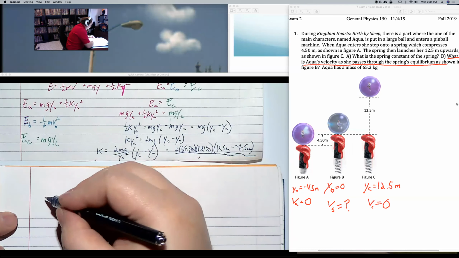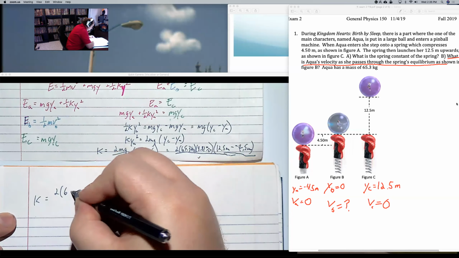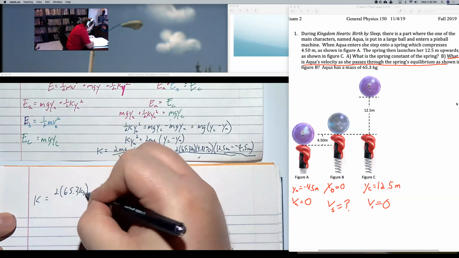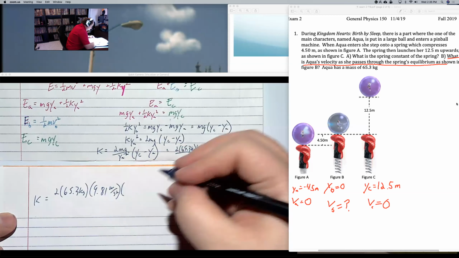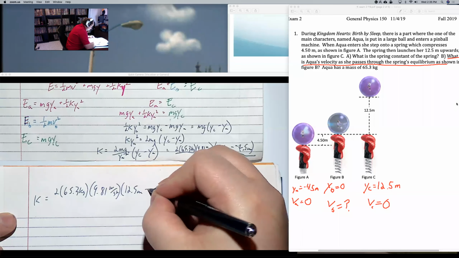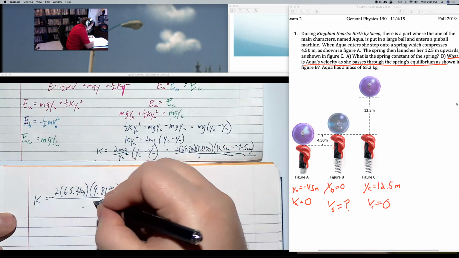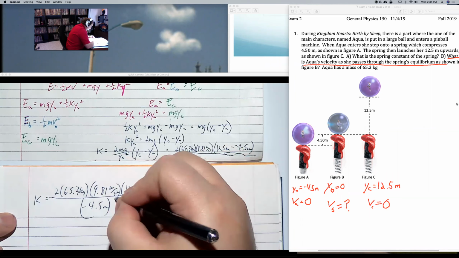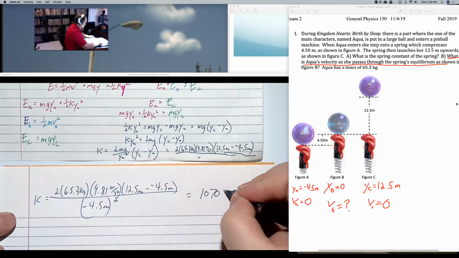I'm just going to plug in those numbers again. 2 times 65.3 kilograms times 9.81 meters per second squared times 12.5 meters minus a negative 4.5 meters, over negative 4.5 meters squared, equals 1070.